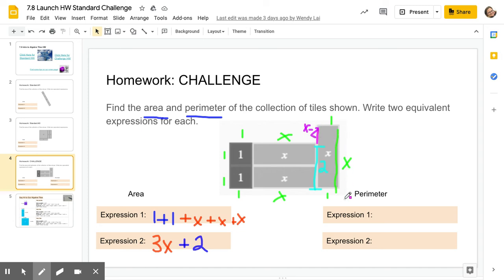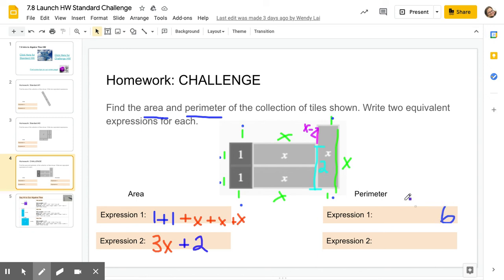It'll be whatever the x is, and remember that's a variable so we can change it, minus the distance of 2. And this may or may not be to scale. Most likely it's not to scale. Okay, so then writing my expression, I'm going to say I have 1, 2, 3, 4, 5, 6 units.